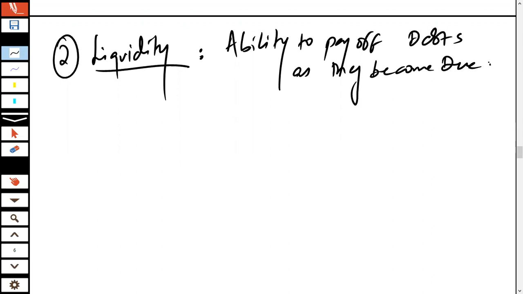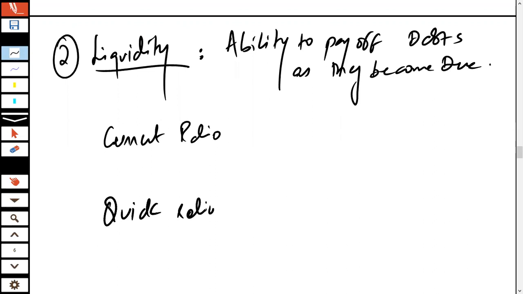So I said that liquidity is the ability to pay off the debts as they become due. What are the different liquidity ratios? The different liquidity ratios are your current ratio. There is another one which is called the quick ratio.